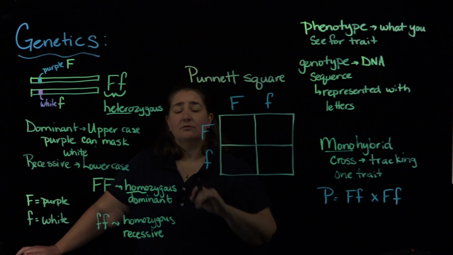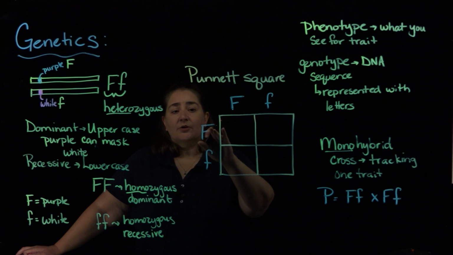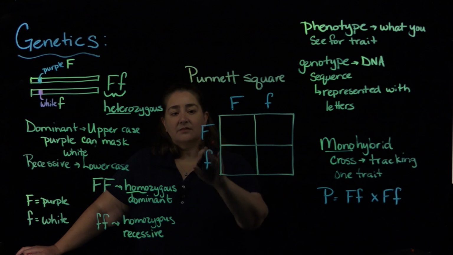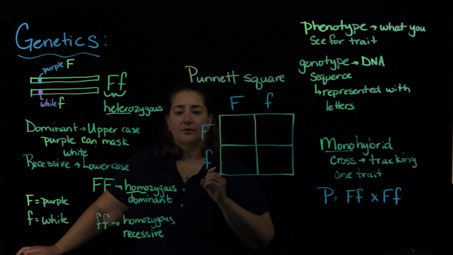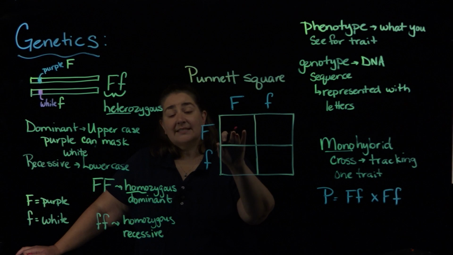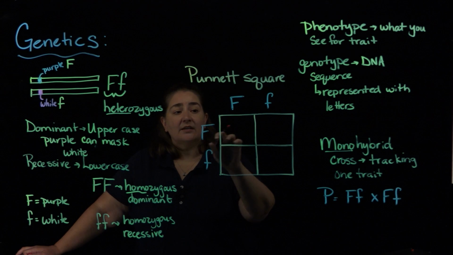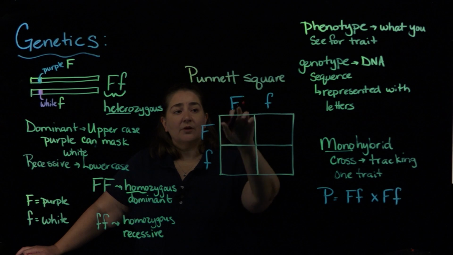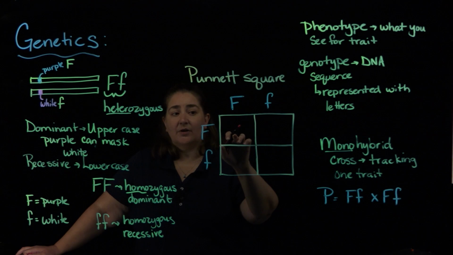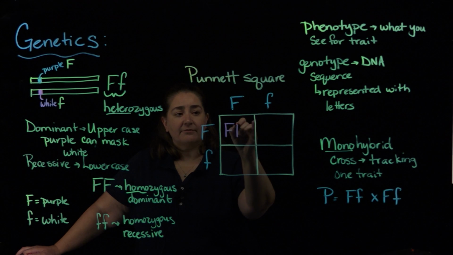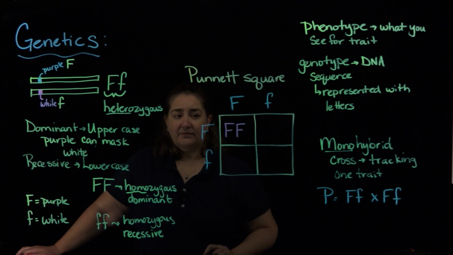So then what we do to fill in our Punnett Square, we're going to take our plant that's heterozygous for our flower colors, and we're going to see what the offspring potentially could be genetically, okay? And the way we do that is we look at the box and we look at what letters match up with that particular box. So this first box here, we've got a capital F, okay?